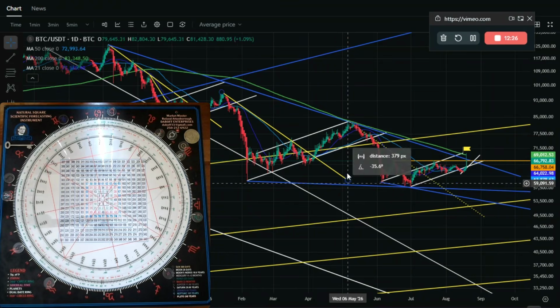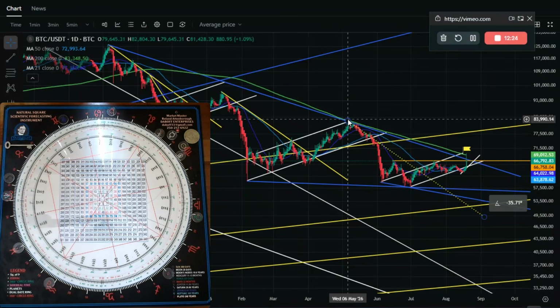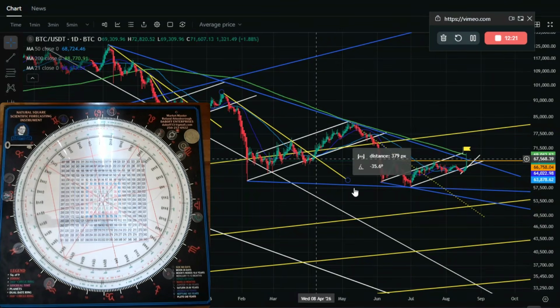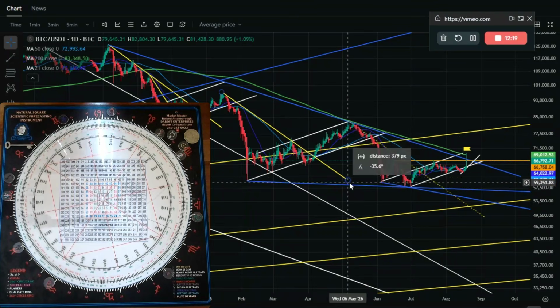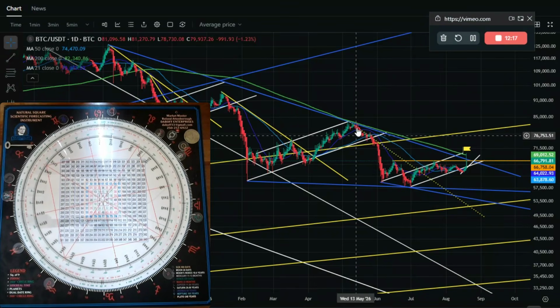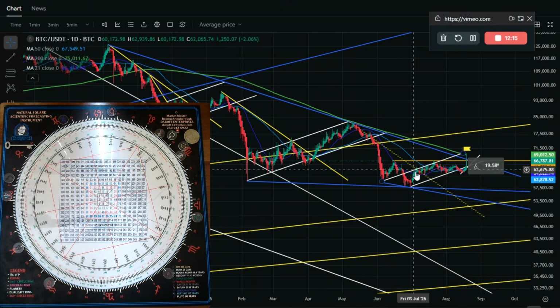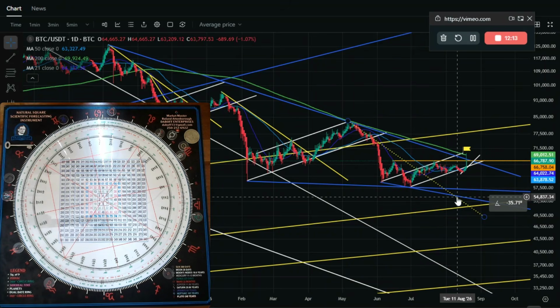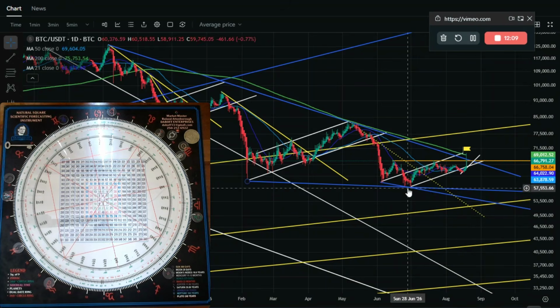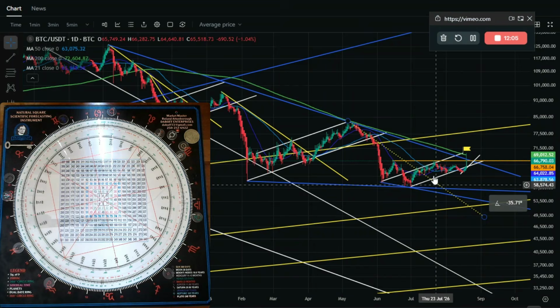Our second model caught the May top from this yellow line, paralleling out here. So I took the very same market metric. I mean, we're just taking the very same mathematical angles and we are applying them. So when this bottom parallels with this, it states that there's a top in place, and we are topping out here.